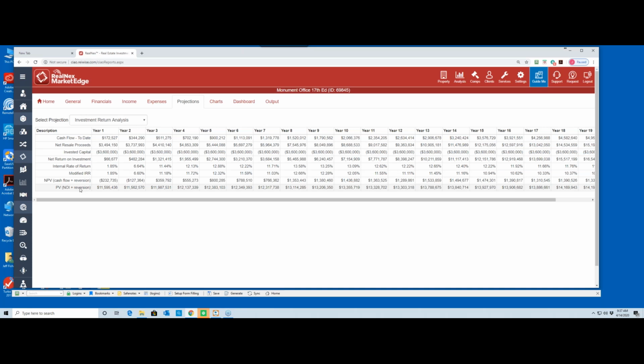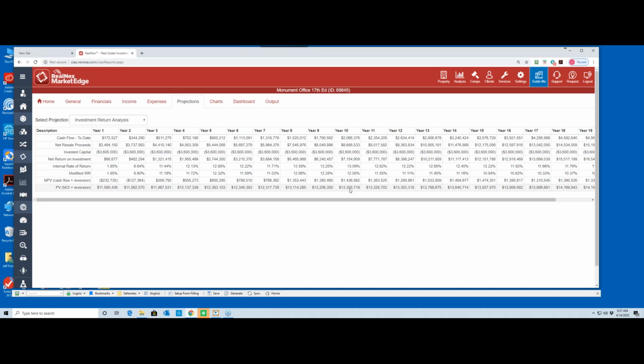But there are other programs that have more of an emphasis on the appraised value or market value of the property, and that would be highlighted even on the main screen. It would say, for a 10-year holding period, the value of this property is $13,355,719, which of course would be rounded.